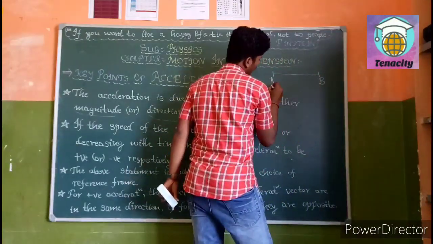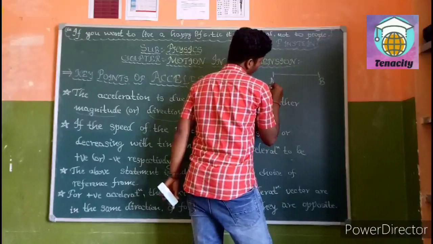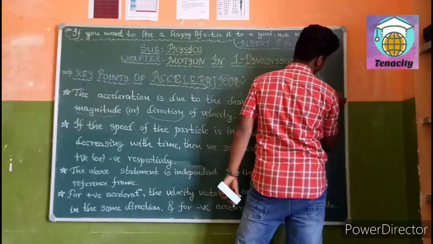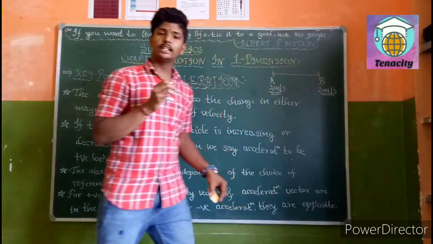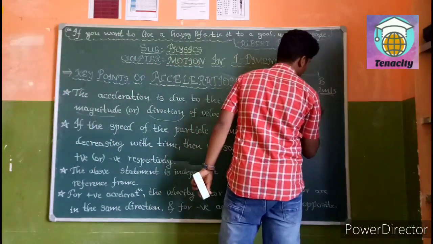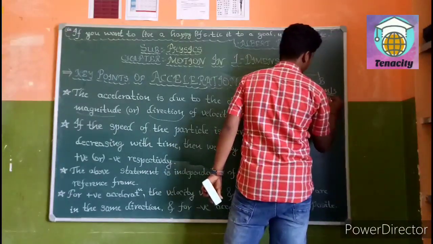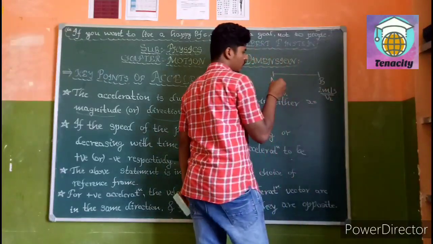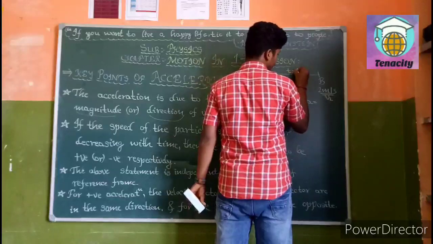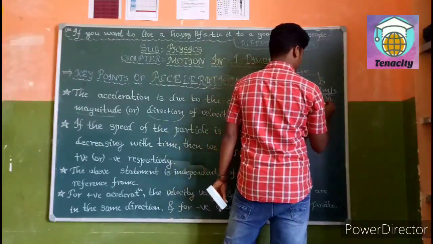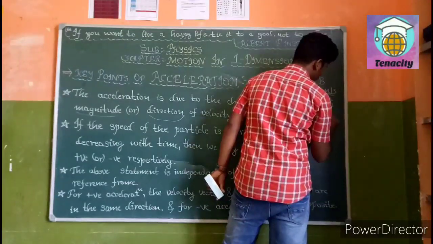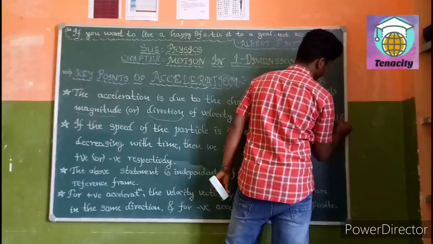Let the velocity be 3 meter per second at the initial point and 2 meter per second at the final point. Now calculate the acceleration. Acceleration is v2 minus v1 by t. Let us consider time to be 1 second. So 2 minus 3 by 1 is equal to minus 1 meter per second square.